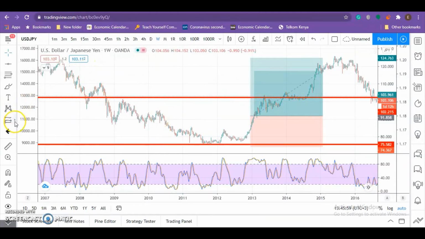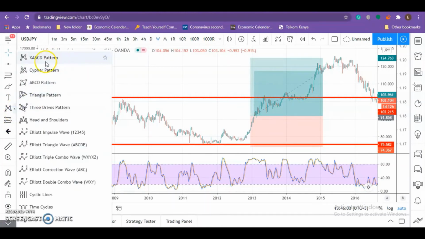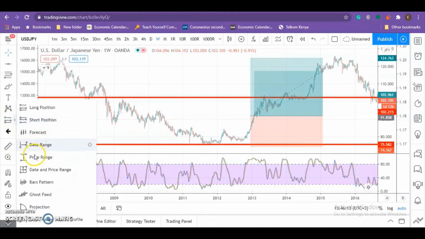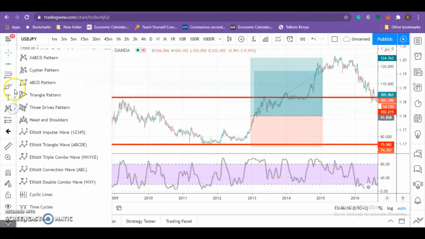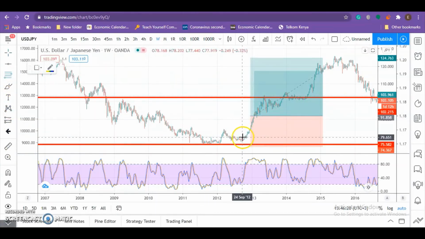And also we take our Fibonacci retracement. Then we check our Fibo.